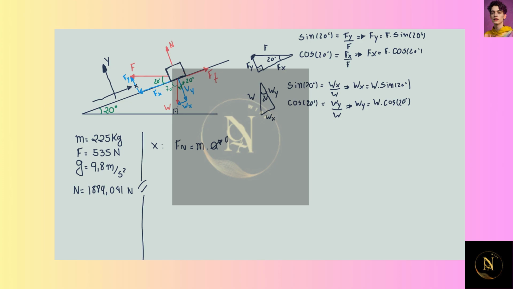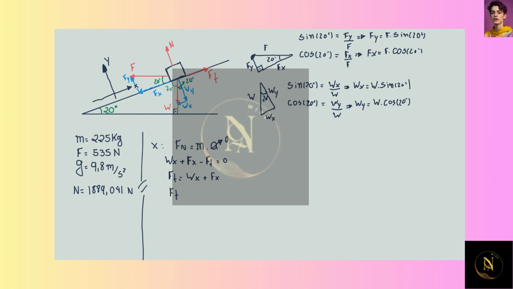The frictional force and the x components of W and F. The frictional force points to the negative direction, but the others point to the positive. So Wx plus Fx minus the frictional force is equal to 0. Then the frictional force is equal to the weight x component plus the Fx component.